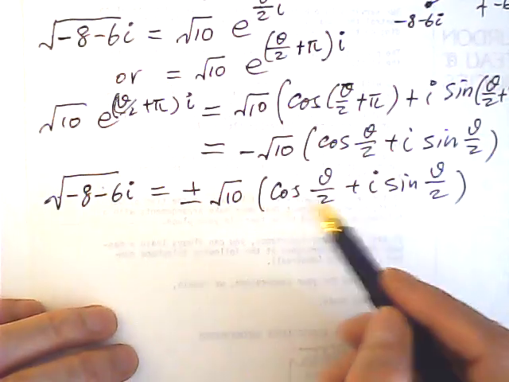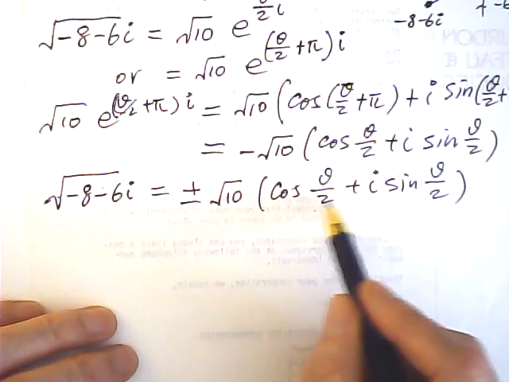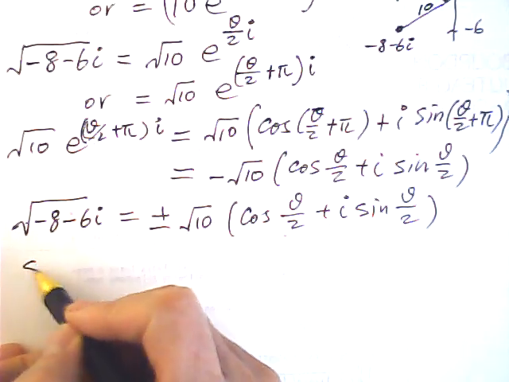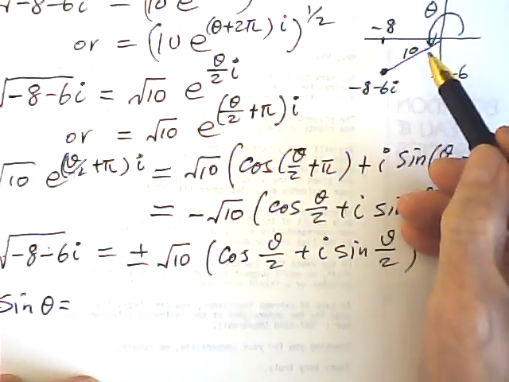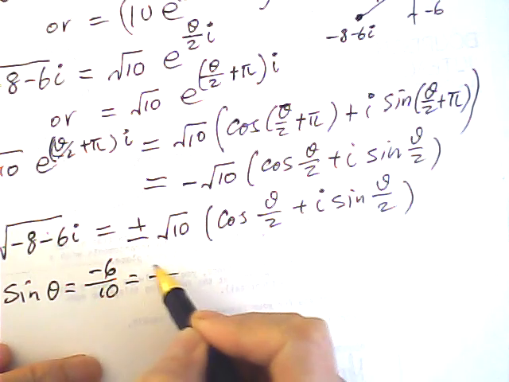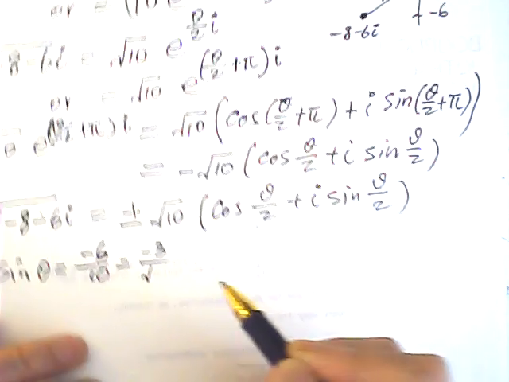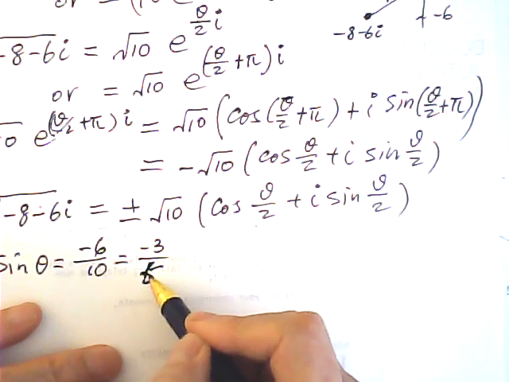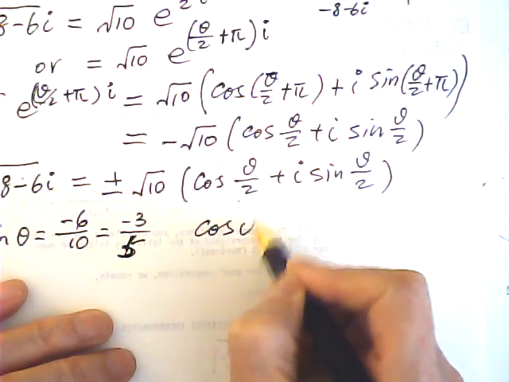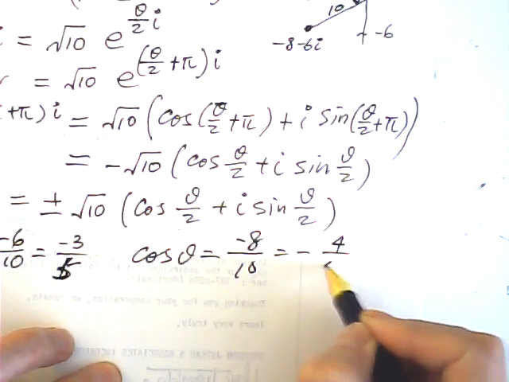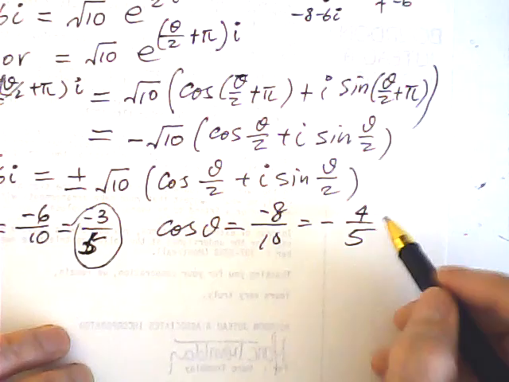Then we just need to find theta. Now we know that sine theta is negative 6 over 10, so it's negative 3 over 5. And cosine theta is negative 8 over the modulus 10, which is negative 4 over 5.